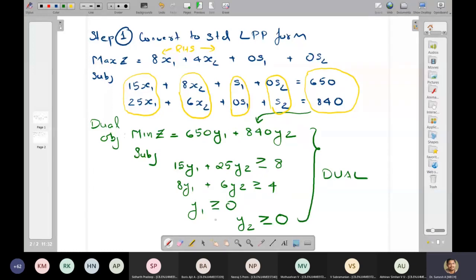In that case, the variable which does not come like that, you can say it is unrestricted. Unrestricted means the variable can also have a negative value. That is what you can see over here.